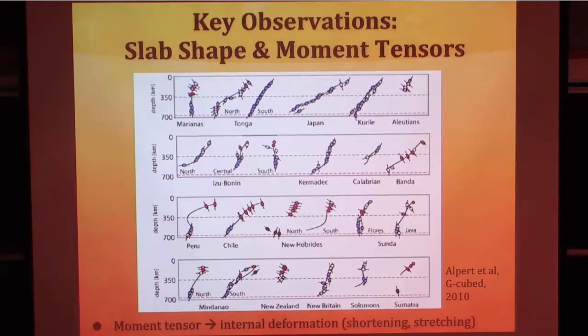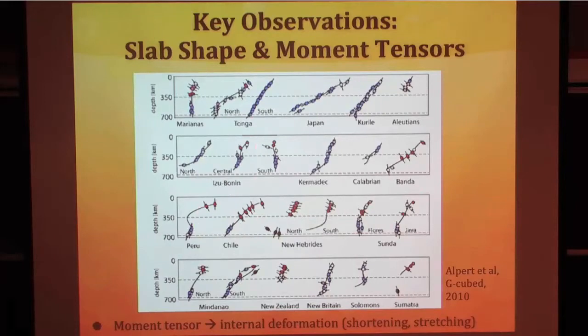And so what this figure summarizes, for a bunch of different slabs, is their general shape as thought from the seismicity, in some places extrapolated where there's no seismicity. These dots are colored blue where there's generally down dip compression, parallel to the dip of the slab, and red where there's generally down dip tension, I believe.